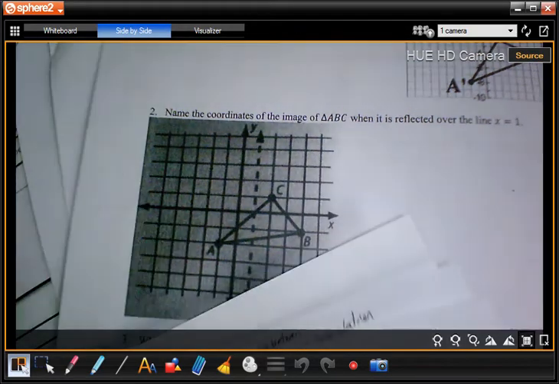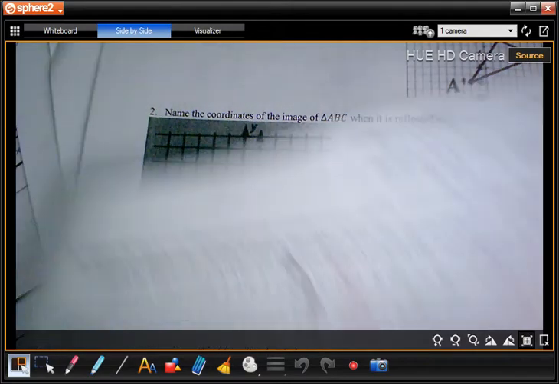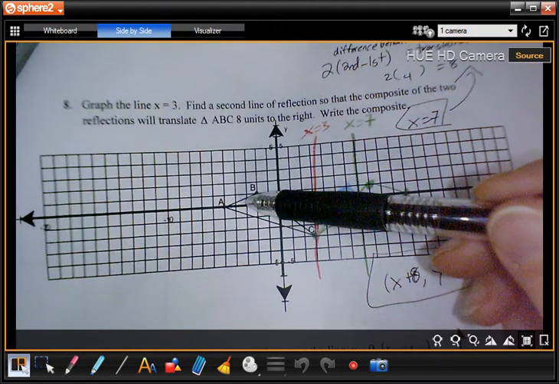Which one? 8. Okay. So, I am reflecting it over 2 lines, right? And when we reflect over 2 parallel lines, we get a translation. Okay, so this is my first.